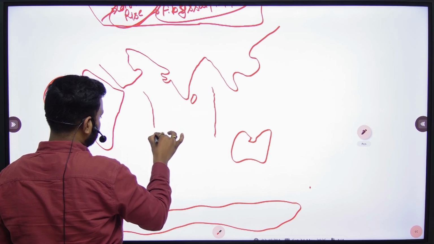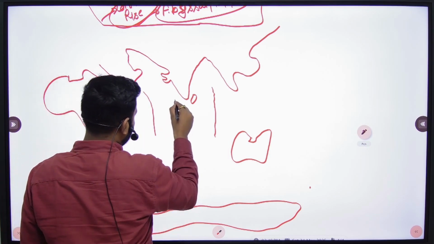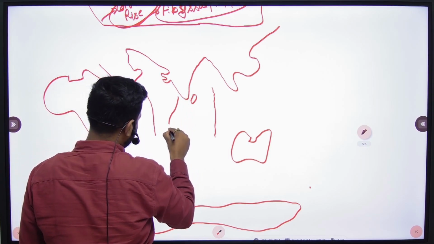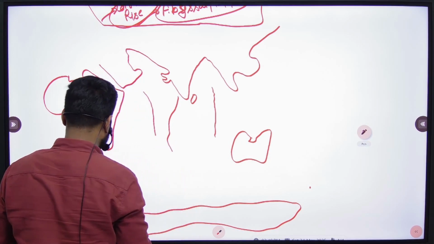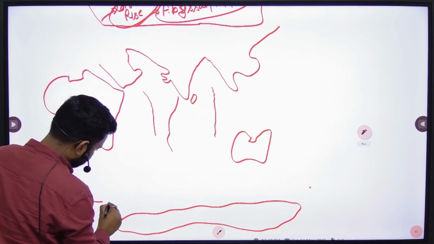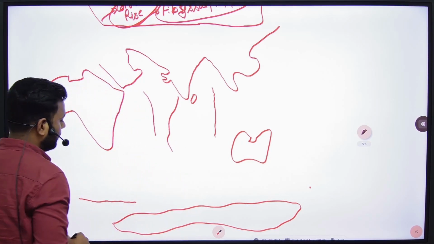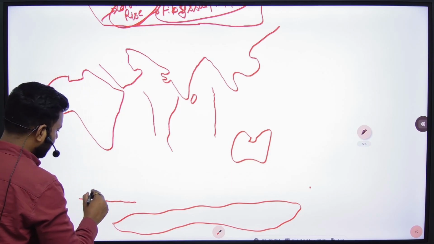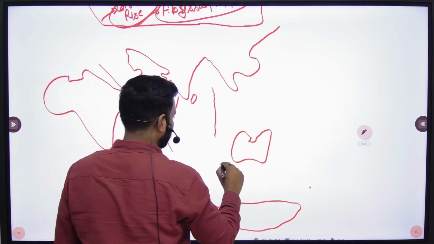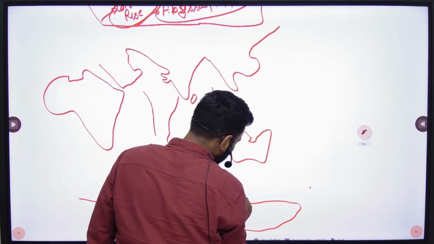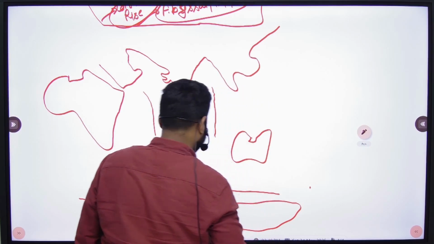This is the Carlsberg Ridge. This is the Lakkadiv Ridge. This is the Atlantic Indian Ridge, and here there is a ridge called the Indian Australian Ridge.